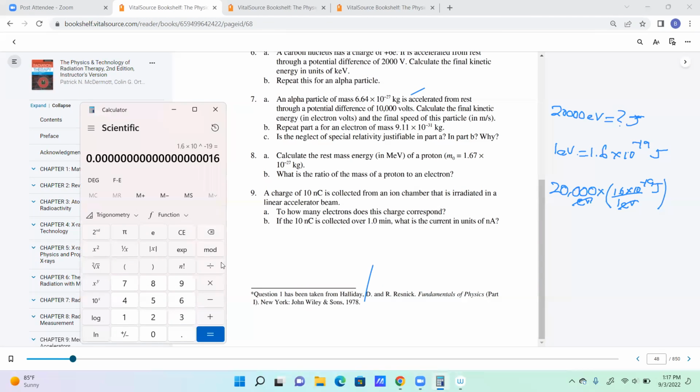That gives me that. I'm going to multiply that by 20,000. And this is what I end up with, 3.2. I really wish this would put it in scientific notation. Counting the digits, 1, 2, 3, 4, 5, 6, up to 15.